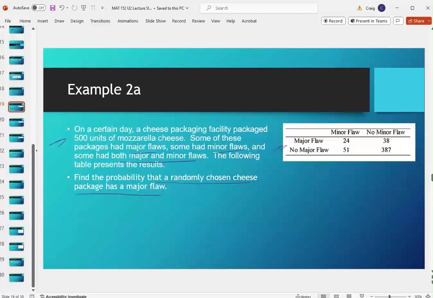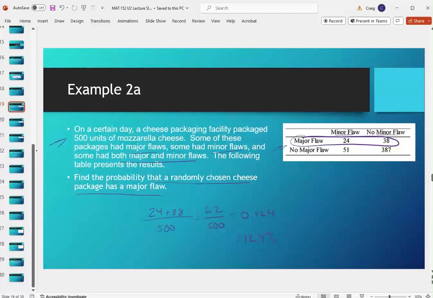Well, here are our major flaws, and these are the ones with minor flaws or no minor flaws. So out of our major flaws, there are 24 plus 38, divided by a total of 500. 62 over 500, which is equal to 0.124 or 12.4%.